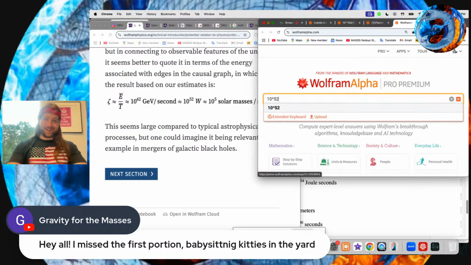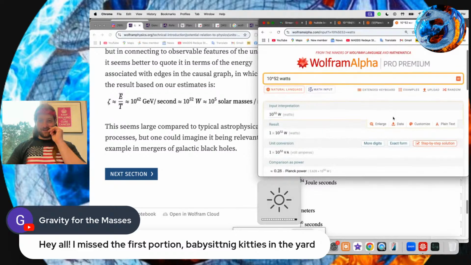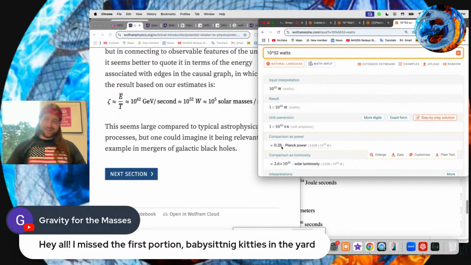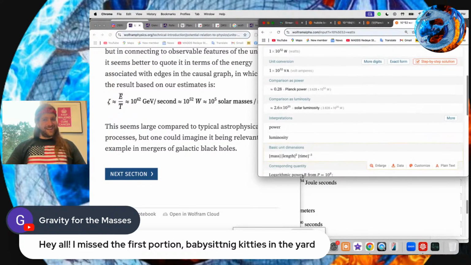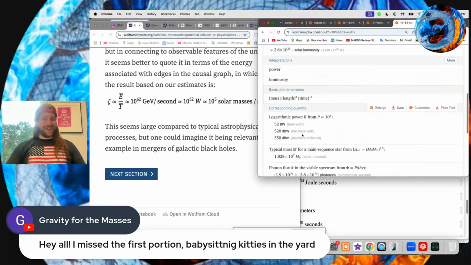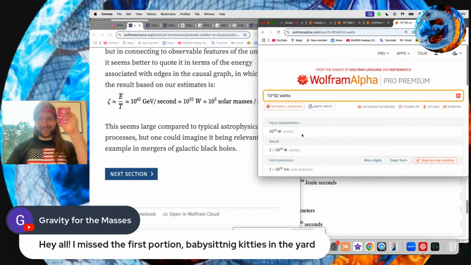What the heck is that? What's the one thing it's in the range of magnitude of? Oh, look. It's Planck power.